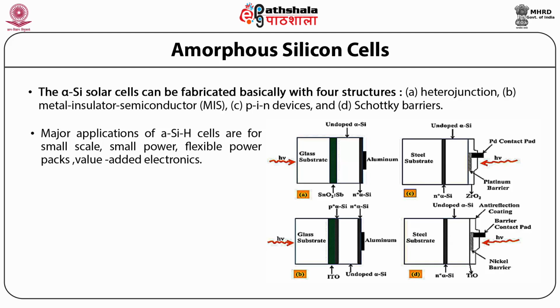This cell has given a VOC of 0.8 volts, ISC of 12 milliamperes per centimeter squared, a fill factor of 0.58 and an efficiency of 5.5% under AM1 condition.